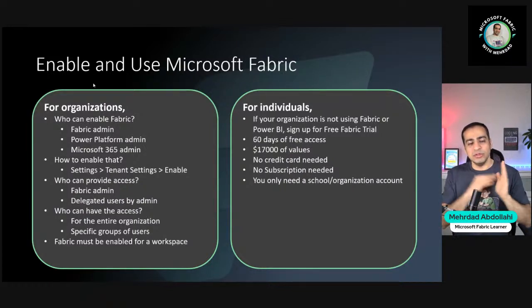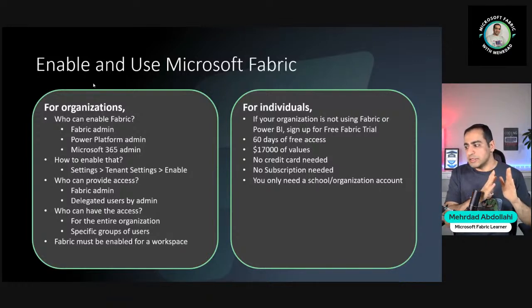In order to enable and use Microsoft Fabric, there are 2 different approaches for organizations. When we are working in an organization, and the organization is utilizing Fabric or wants to utilize Fabric, there are some instructions there.